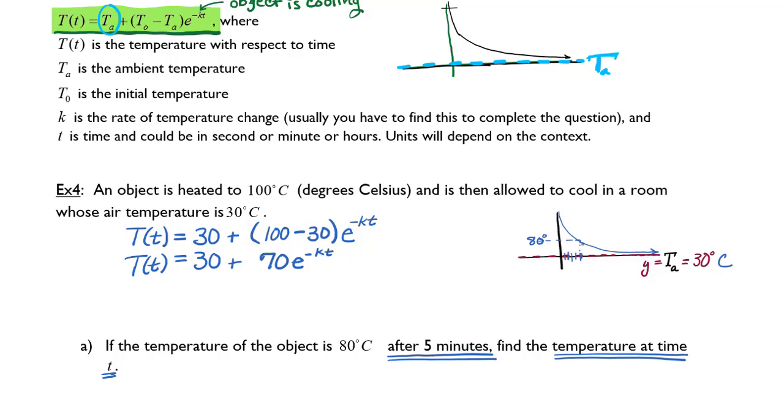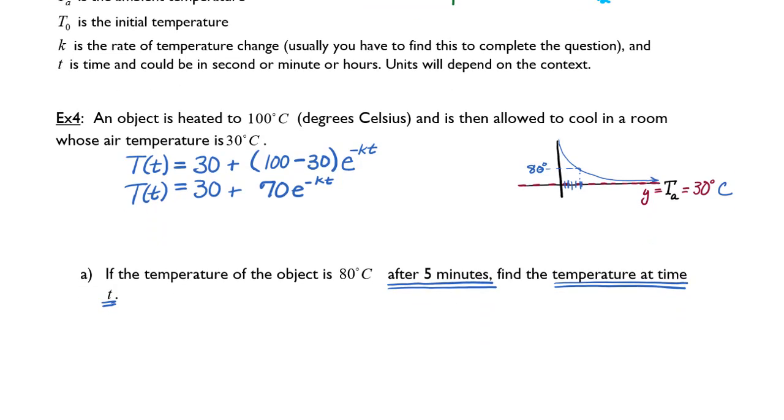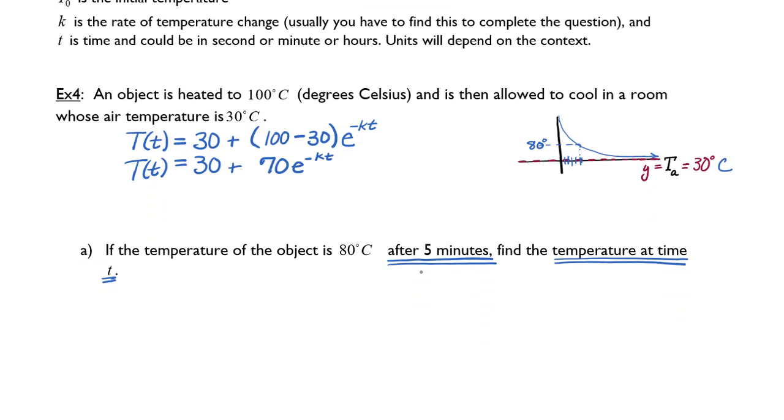We can now calculate the rate at which the object is cooling. So we will substitute T equals 5 and the object's temperature, T of 5, equals 80 degrees. T of 5 equals 80. And I'm going to substitute 5 in for time.